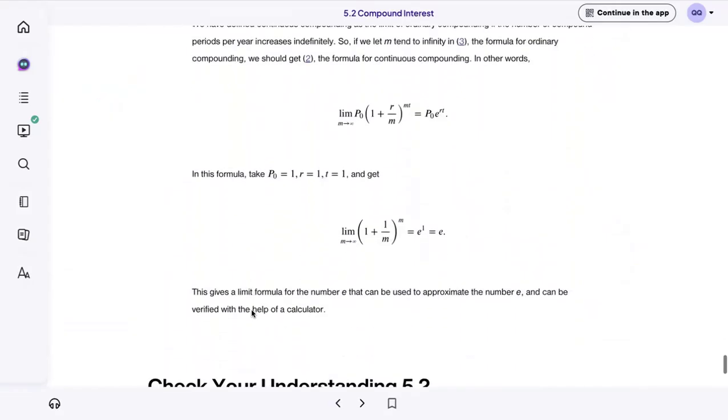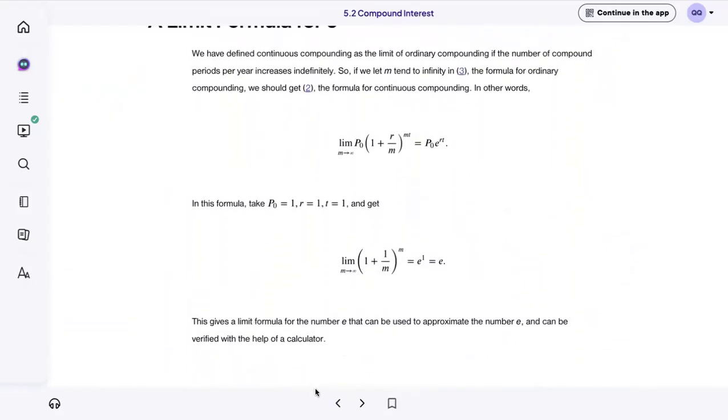Now let's talk about the Euler number. Remember, we have this for m compound periods, for any m compound period. So we have 1 plus the interest rate over m, raised to MT, and it becomes e to the RT.